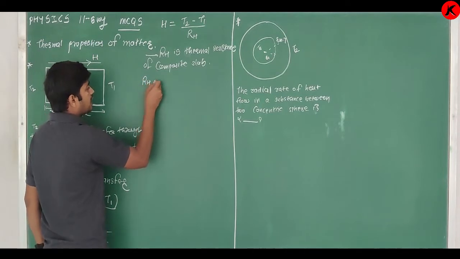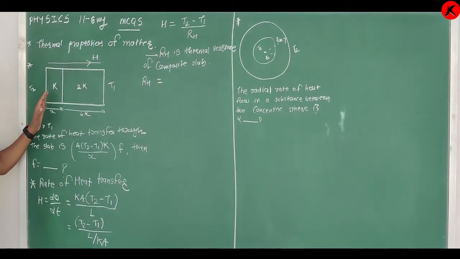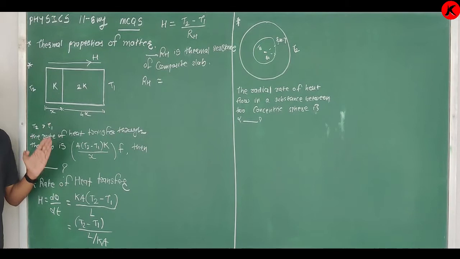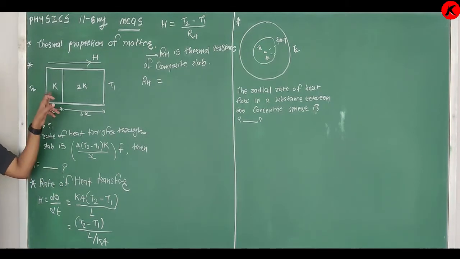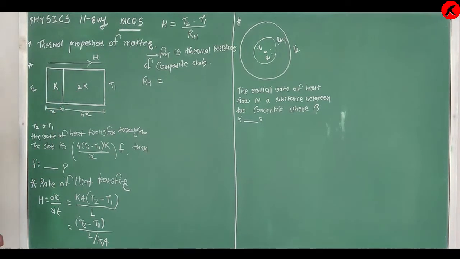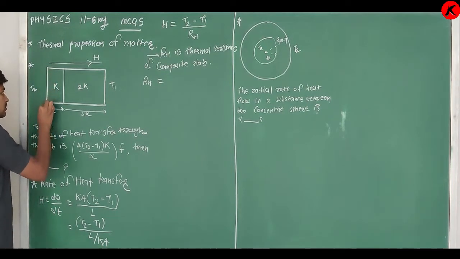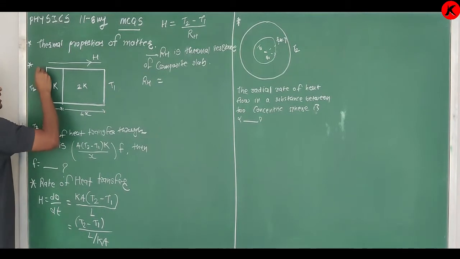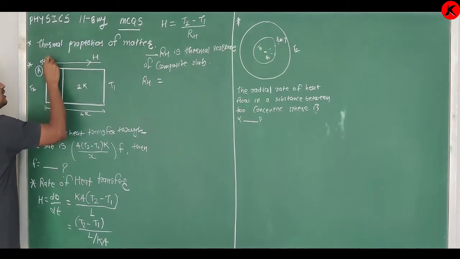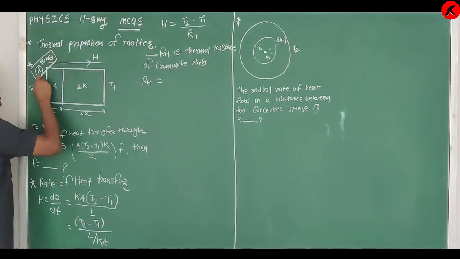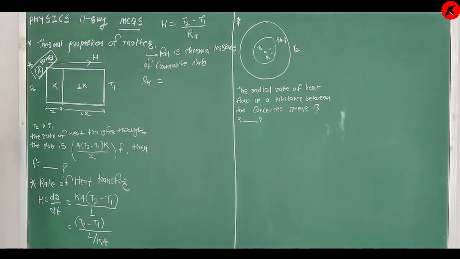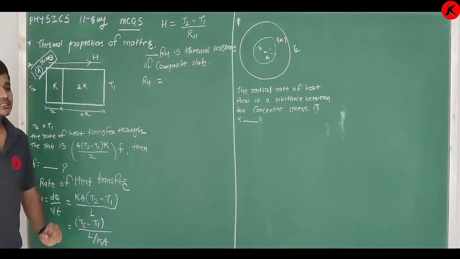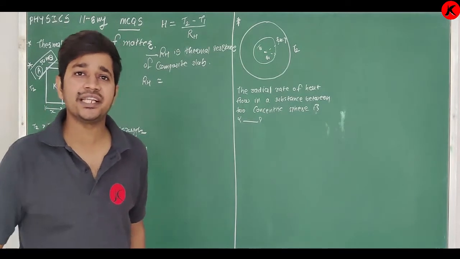You are given that this composite slab is made up of two parts, this one part and this another part. They are the same, meaning the cross-sectional area is the same for each part. As heat is flowing in this direction, we can say that these two components are connected in series.